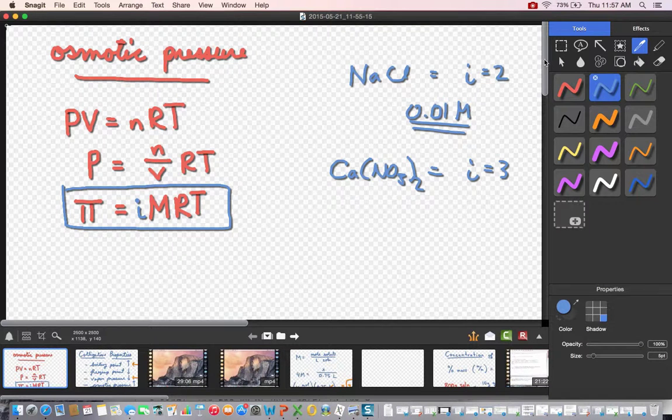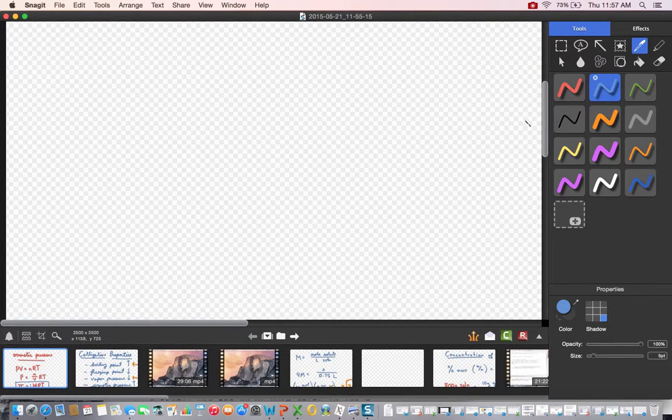Let's talk about changing the freezing point, changing the boiling point. The depression of the freezing point, since of course water freezes at 0 Celsius, is minus i times molality, or m, times Kf.